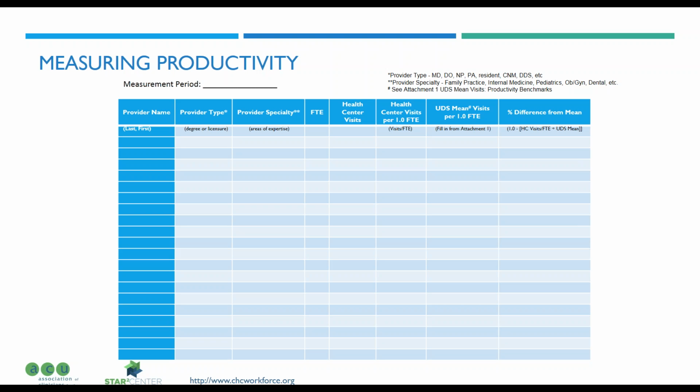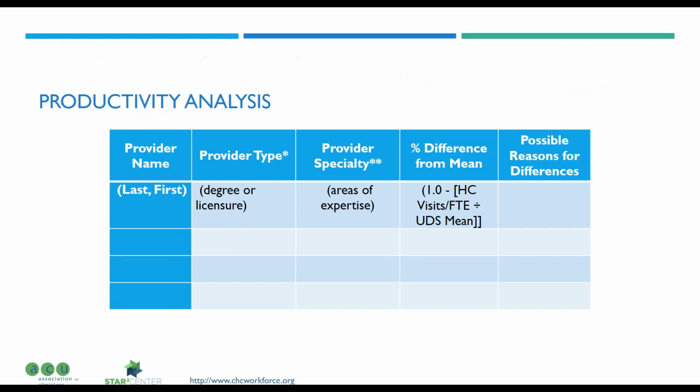They're from the 2014 UDS. The 2015 measures will be out shortly, if not already, so we can update those as soon as we have permission to use those. And then you would calculate the difference from the mean to see where you are.